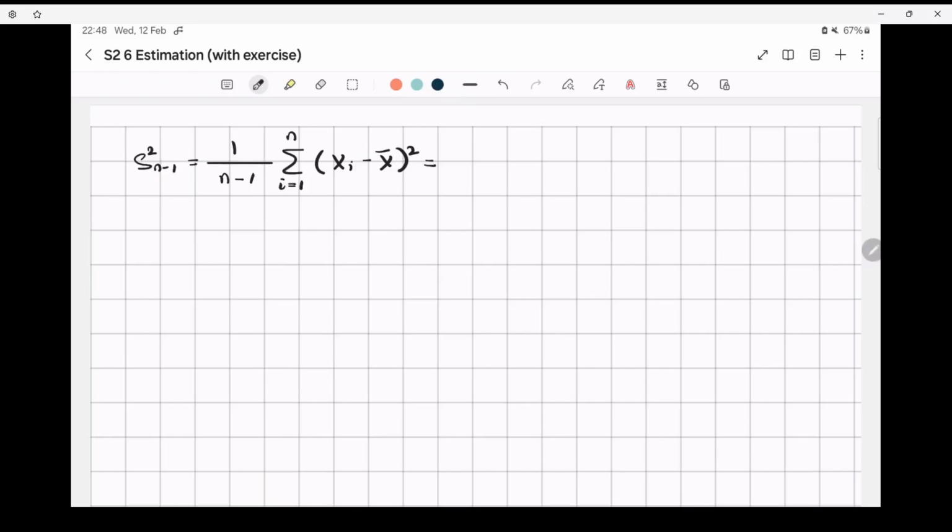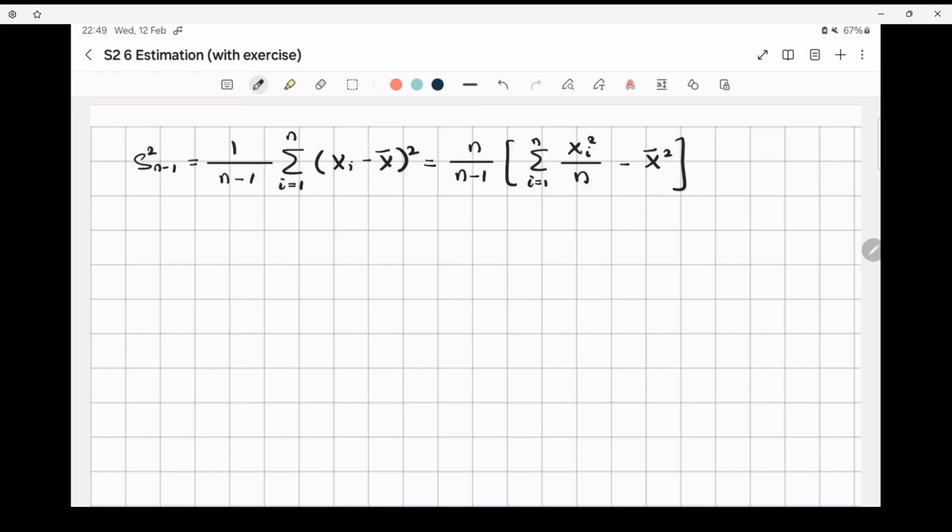So actually you can expand it, because the unbiased estimation of population variance is given by this whole equation. So this is the sum of xi squared divided by n, and then you have this x bar squared.